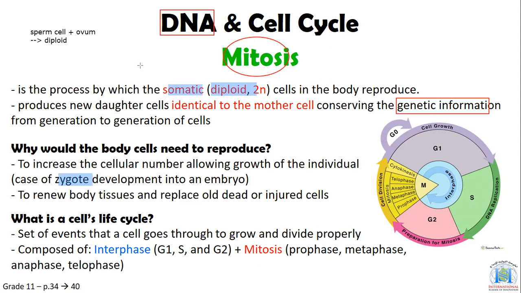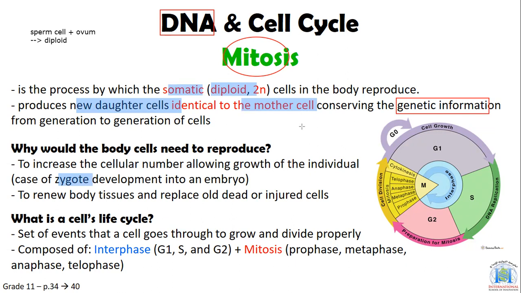It is the process of making same copies of the mother cell. By the end of each mitosis, we obtain two identical daughter cells. These cells are also identical to the mother cell, and this way the genetic information is conserved.